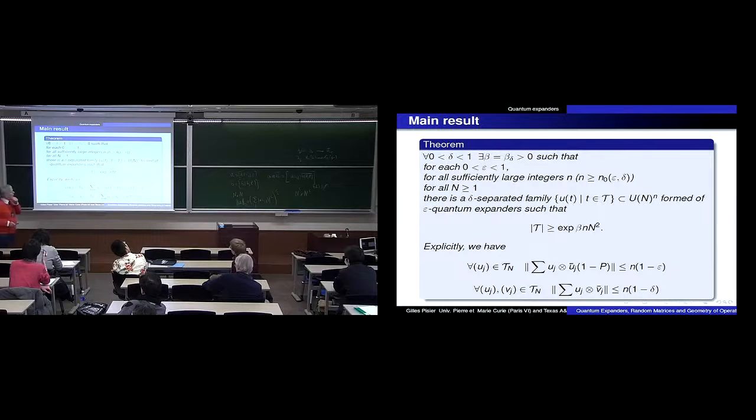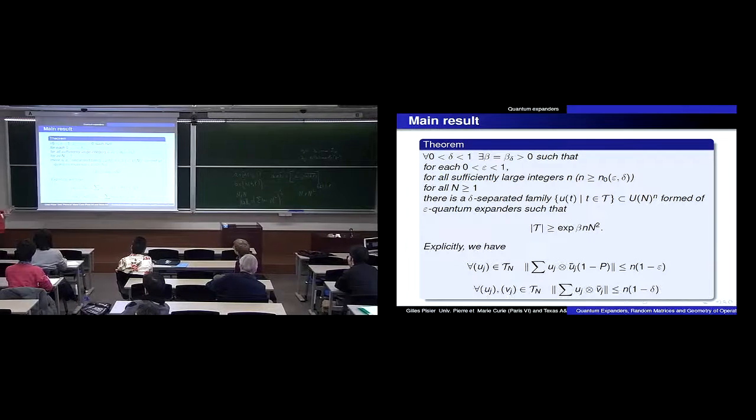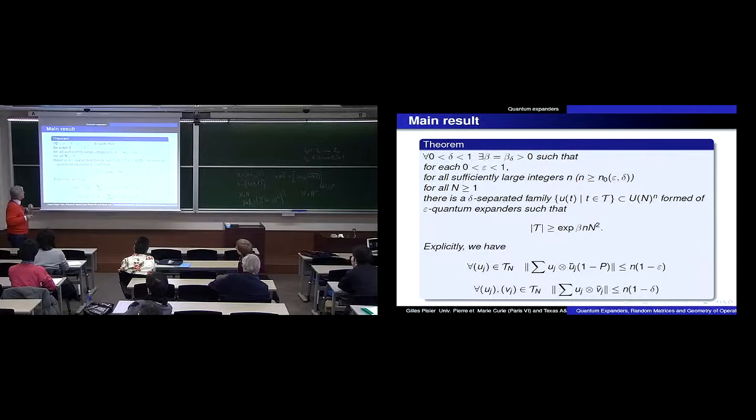Okay, so the main result that I have on quantum expanders actually is this, and it says two things. Roughly, it says that there are many quantum expanders of arbitrary spectral gap, and this is not so surprising because random methods from Hastings' work that I will mention in a moment actually show this.